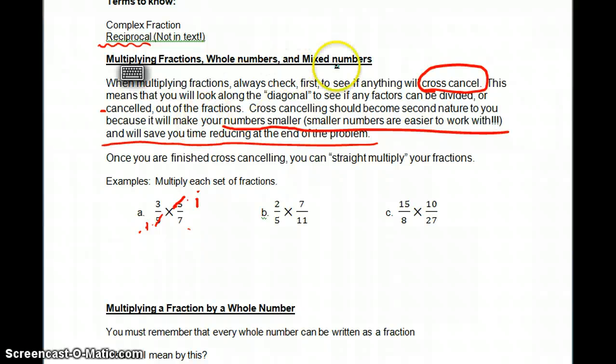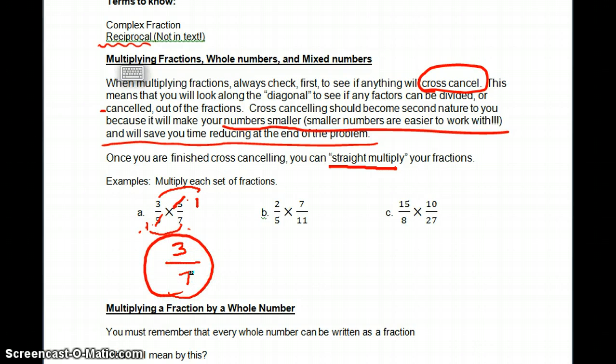Now, the one rule that you have to follow for multiplication is that you are going to straight multiply. And what that means is that you multiply straight across your numerators and straight across your denominators. So we're going to do 3 times 1 is 3, and 1 times 7 is 7, and our answer is 3/7.